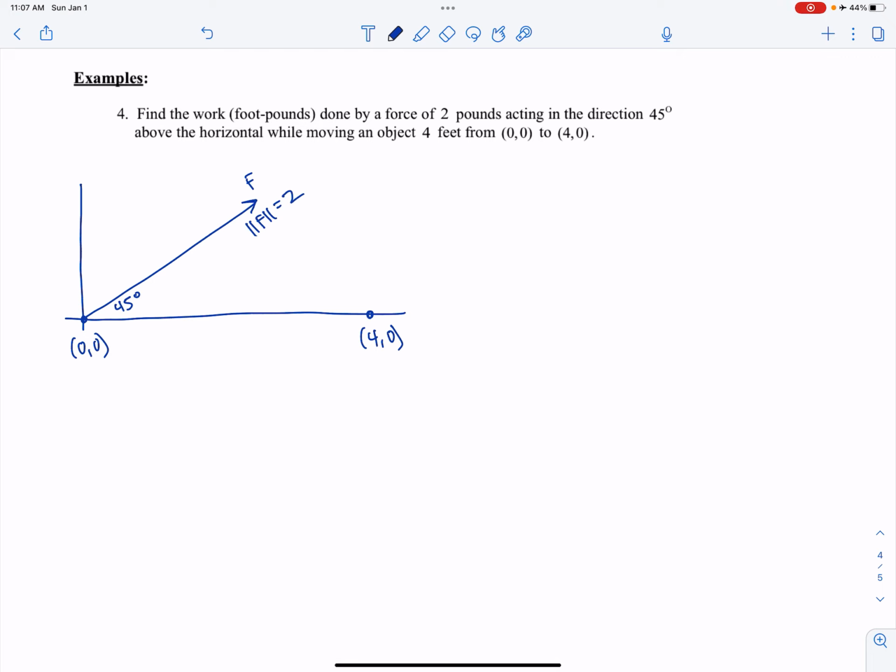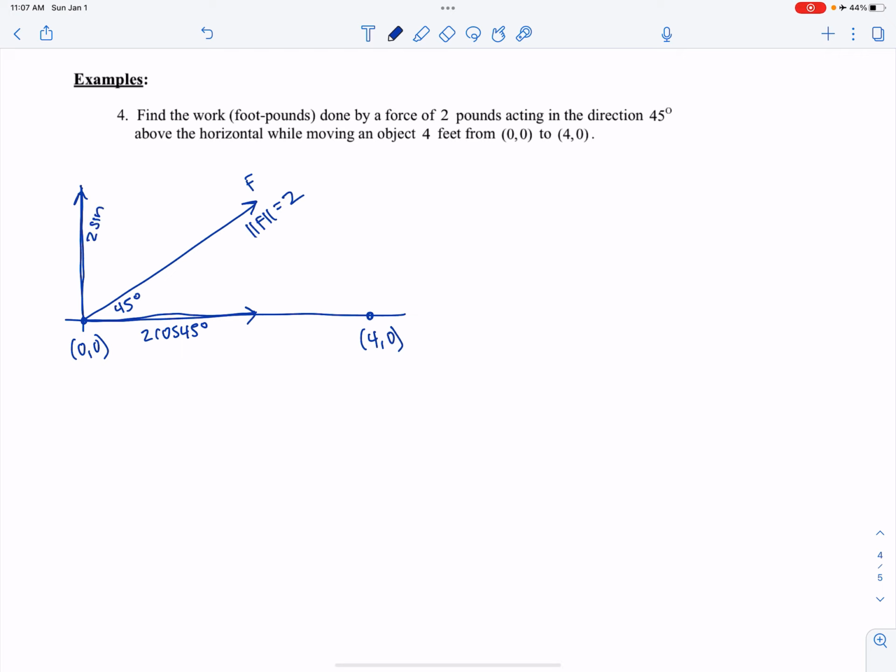So 2 pounds of force pulling at this 45-degree angle, and we have this vector represented by 2, which is our magnitude, cosine 45, and then this vector here, which is represented by 2 sine 45. So this is basically what's happening here.